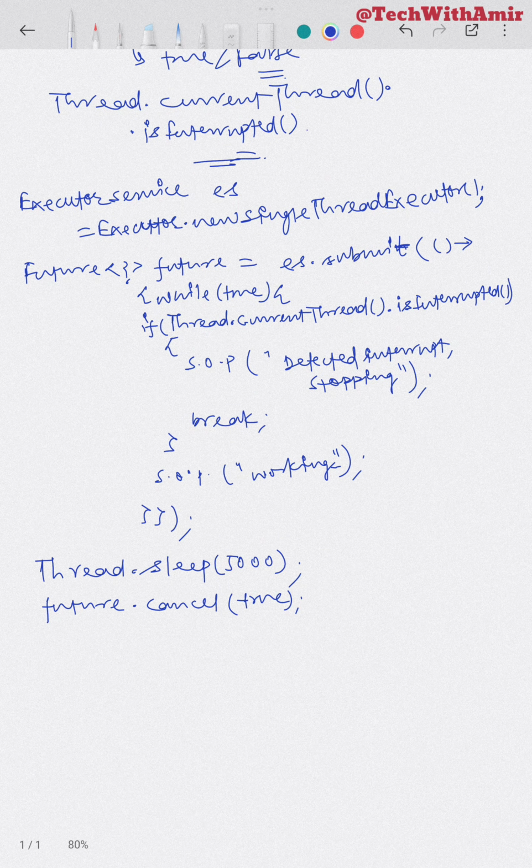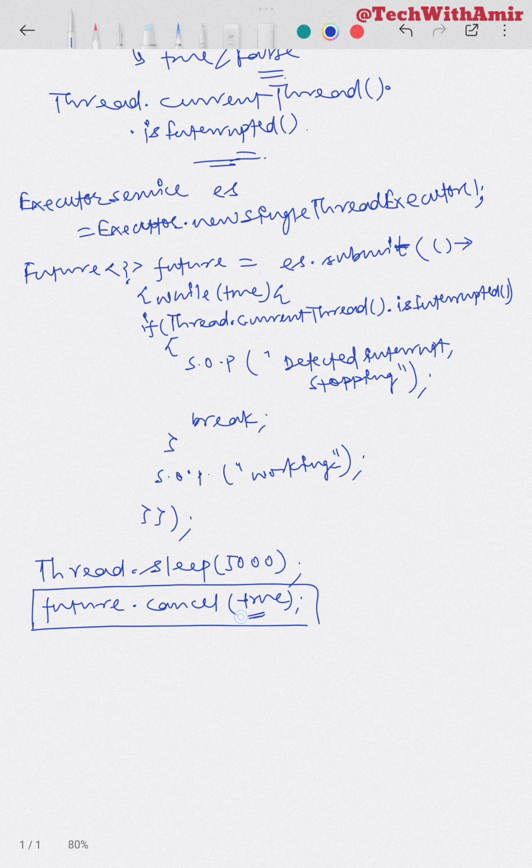In executor service, in order to interrupt the working thread, the thread in execution, we need to call the method future.cancel, and true should be passed here. It requests the JVM to interrupt the thread.